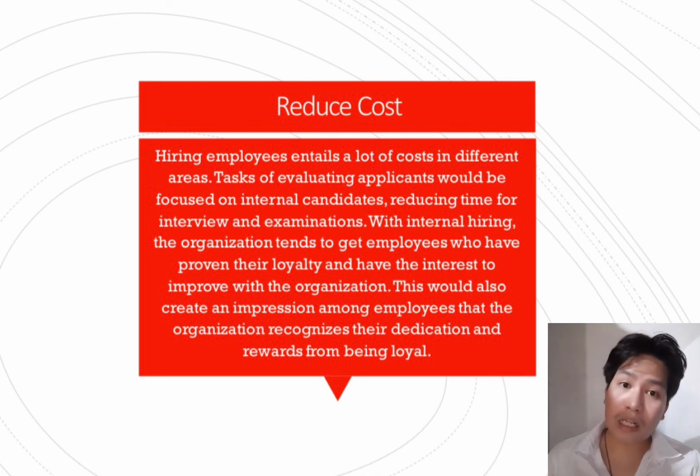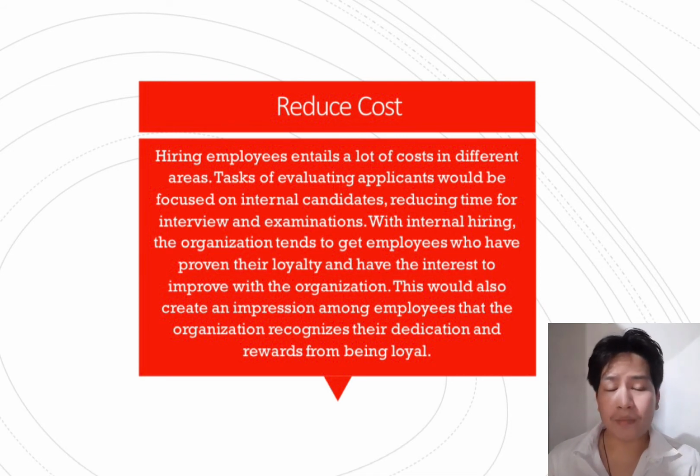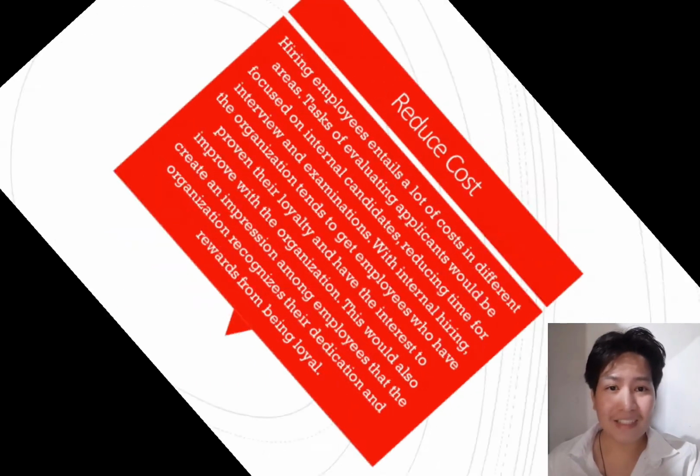So, kapag nagsagawa na lang sila ng internal hiring, mas mapipili nila yung mas fit sa may position na yon, mabigyan pa nila ng reward yung mga employee nila, saka mabibigyan ng importansya yung mga efforts nila, and magre-reduce pa sila ng cost. Mas kokonti pa yung gagastos nila kaysa doon. At mas magandang advantage yon sa isang kumpanya.